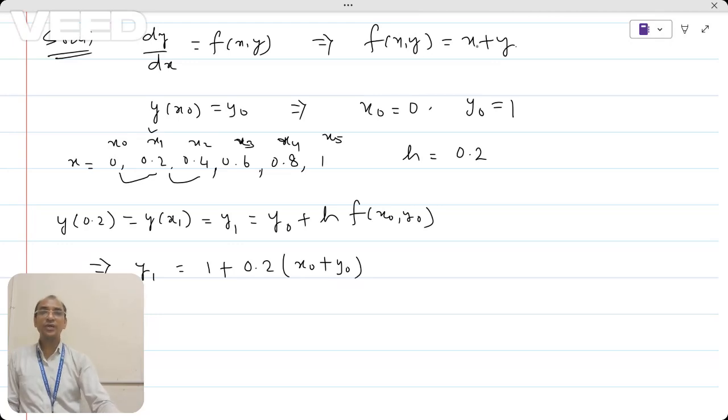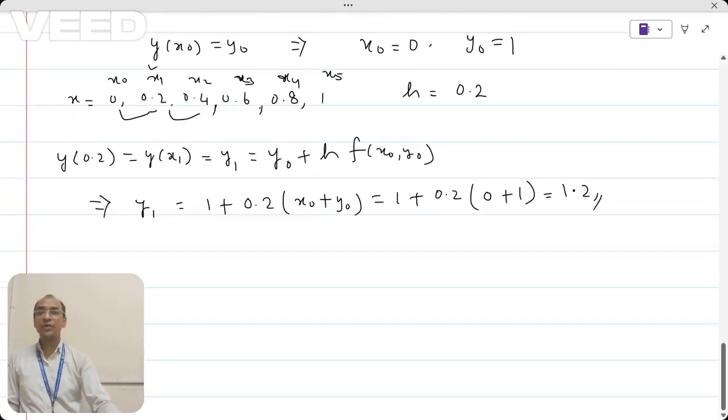So f of x0, y0 will be x0 plus y0. If we simplify it, that will be 1 plus 0.2 into x0 is 0 and y0 is 1, so it will be 1.2. So the value of y1 is 1.2.